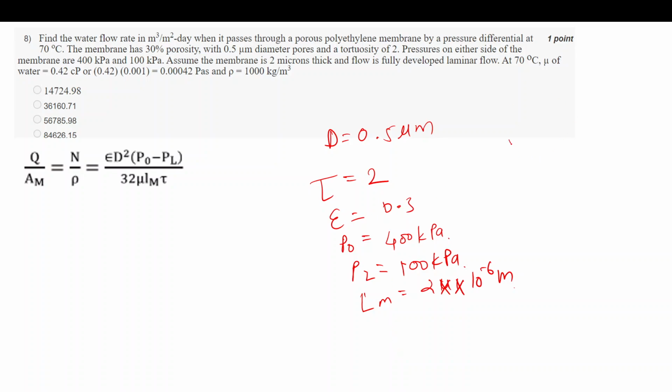Okay, so you need to find here the flow rate per unit surface area, for which you can directly use this formula. So put in all the values.